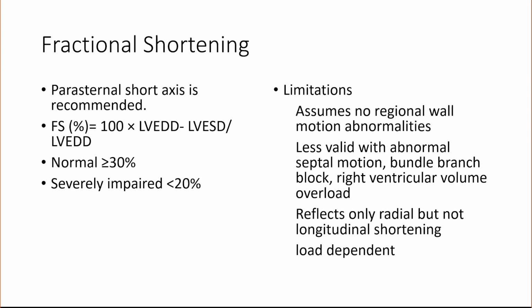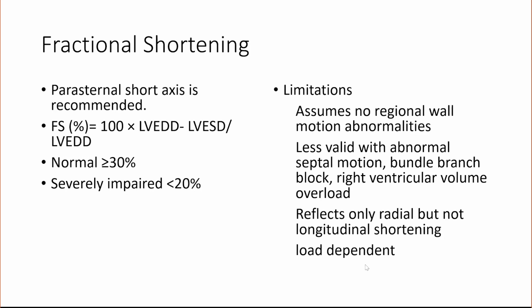In M mode, it's very easy to trace, but it's hard to know where the endocardial borders are. So it's sometimes easier to do it in parasternal long axis with M mode, but the recommended approach is parasternal short axis.